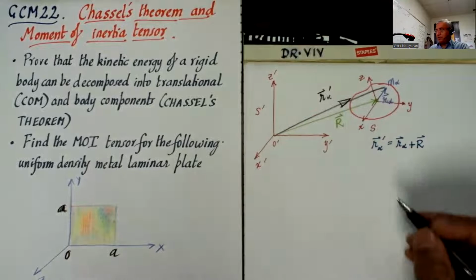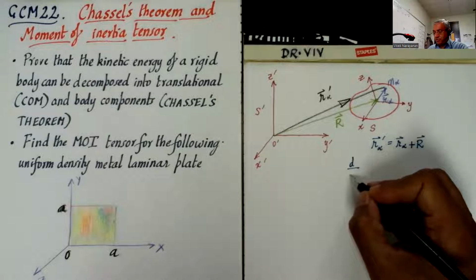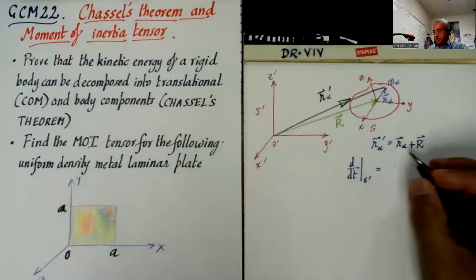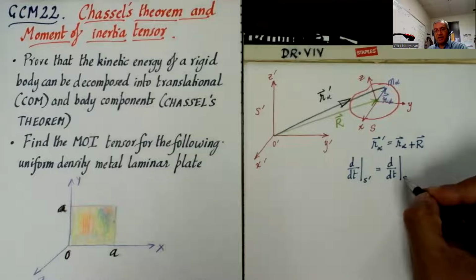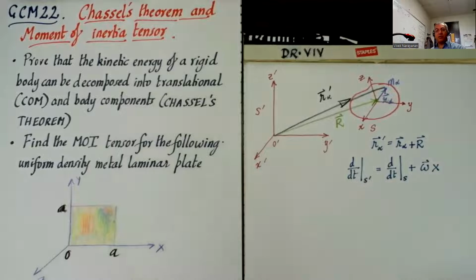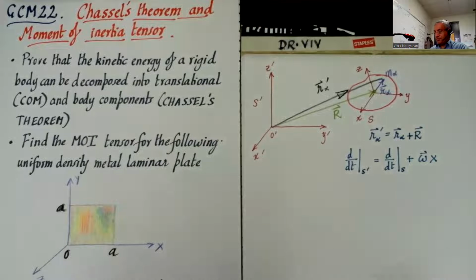Okay, so the derivative, if I do the derivative operator, d by dt regarded from the frame S prime is d by dt regarded in the frame S plus omega cross. That's the operator definition of time derivative. Let's apply this operator to R alpha prime.